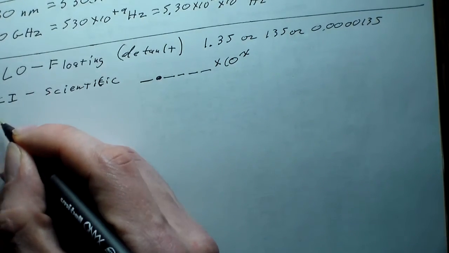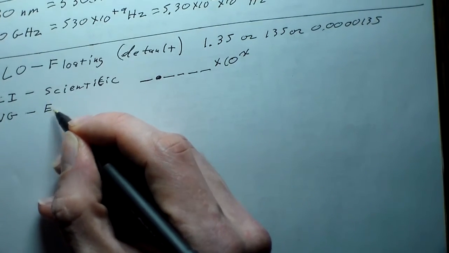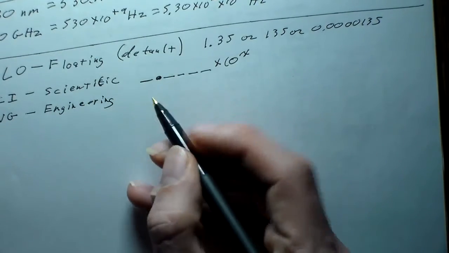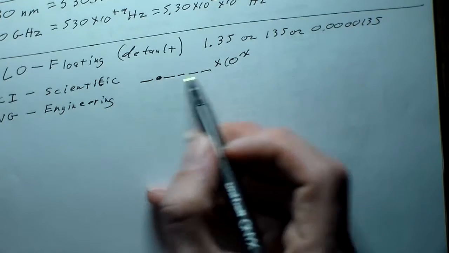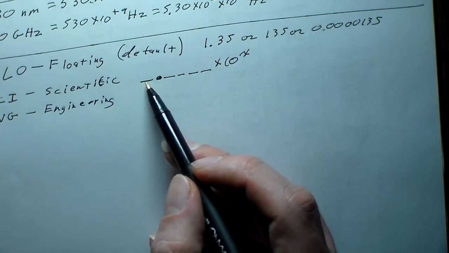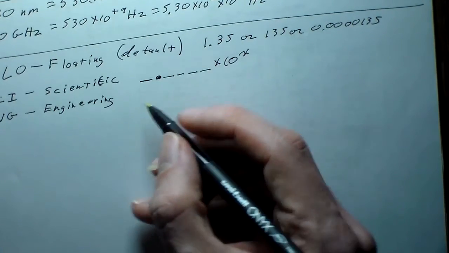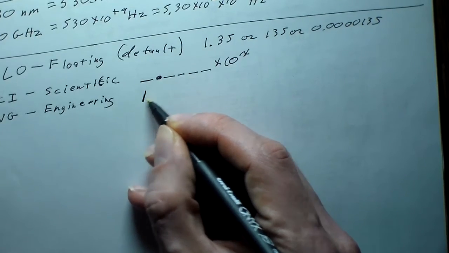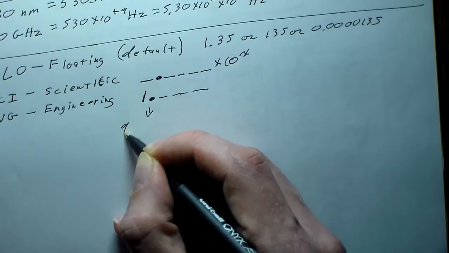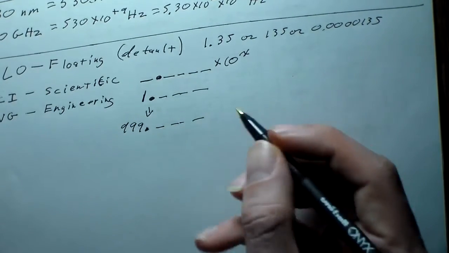The next one that you might use is here the ENG, which is the engineering. All right, and the engineering one is related to the scientific notation, but instead of going number, decimal point, and then a whole bunch of numbers after that, it can go anywhere from 1 decimal point with a bunch of numbers after it, all the way up to 999 decimal point with a bunch of numbers after it.